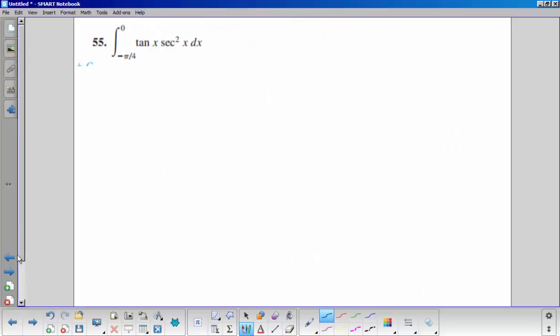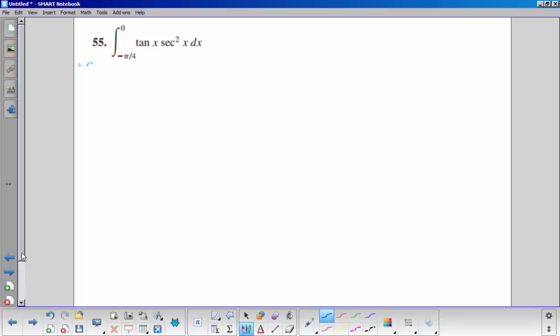Next one, 55. This is a definite integral because we've got the integral from negative pi over 4 to 0, which means we're going to use the fundamental theorem of calculus part 2. In order to use the fundamental theorem of calculus part 2, we have to find the antiderivative of this. You see a function and its derivative anywhere?